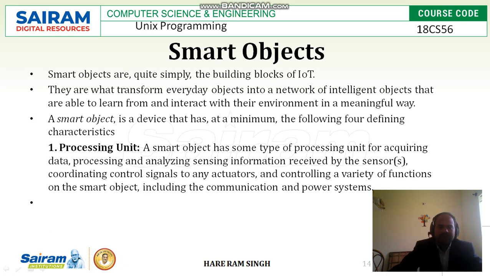So a smart object is a device that has at a minimum the following four defining characteristics. Any smart object can have four properties. First one is the processing unit.